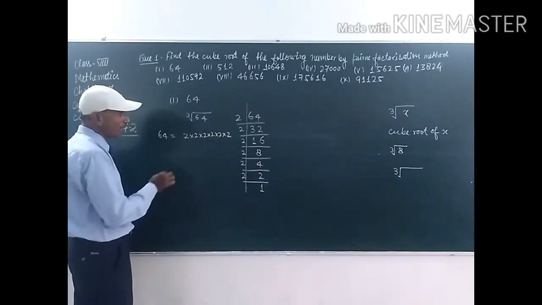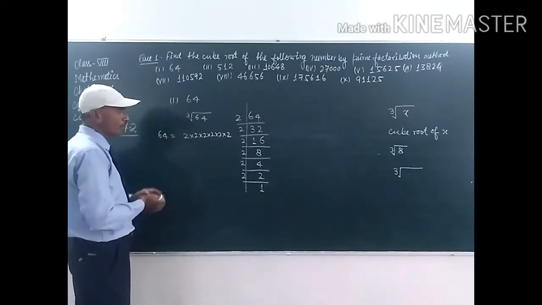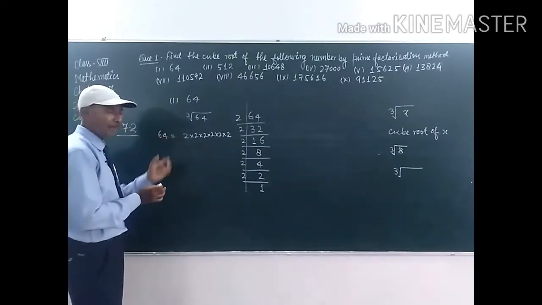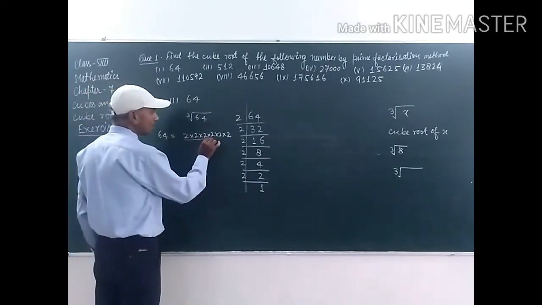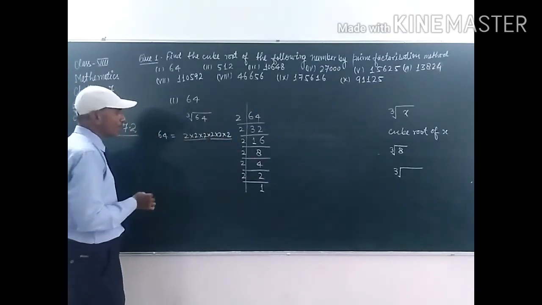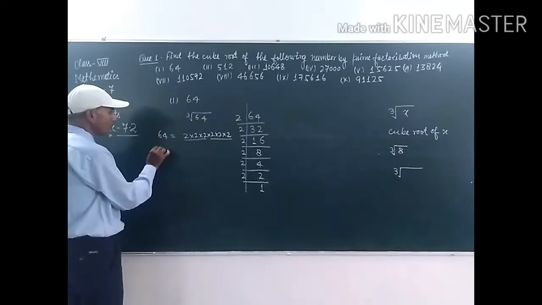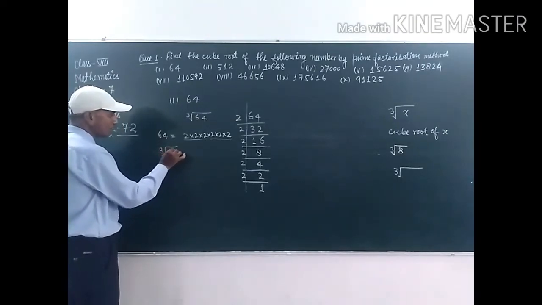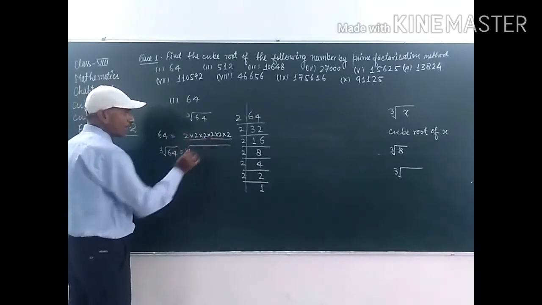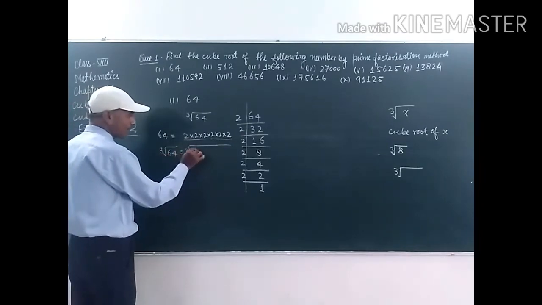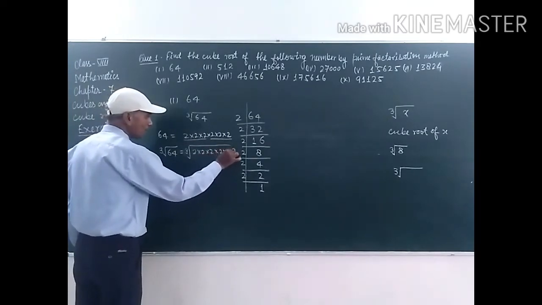So we have to make groups of the same type of factors. The first group is a triplet, and this is the second group of 3. Clear, student? So there are 2 groups. Now we have to find the cube root of this 64. So cube root of 64 means we have to find the cube root of its factors, 2 into 2 into 2 into 2 into 2 into 2.